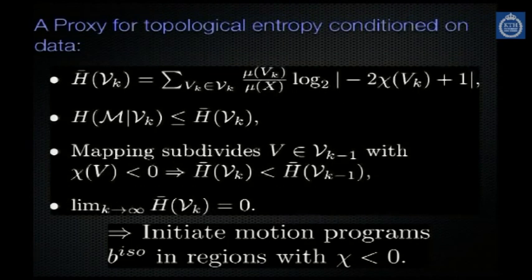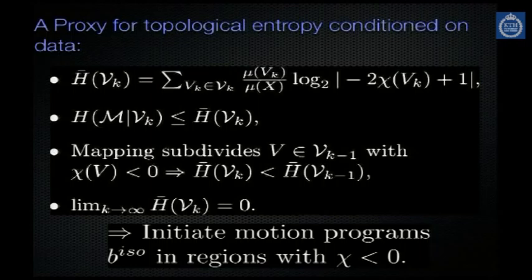how does this work? Well, the formulas get a little detailed, so I won't say too much about them, except to give the idea of how they're used. We define this proxy for conditional entropy, which is h bar of a data-induced partition. And I note that there's this inequality, that h bar defined in this way in terms of the relative size of a cell and its Euler characteristic provides an upper bound on this conditional entropy that I want to drive to 0.